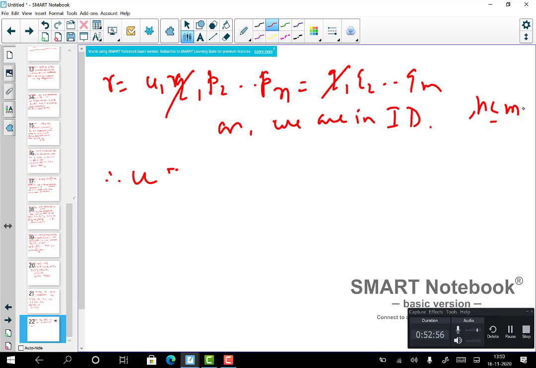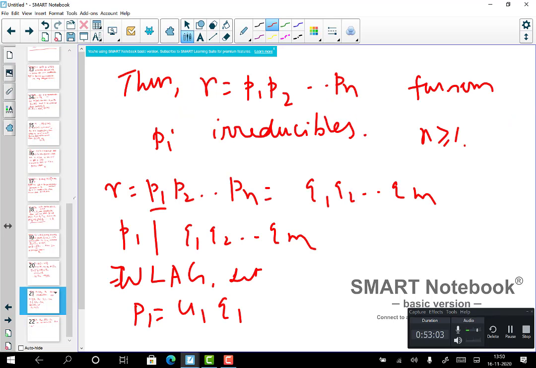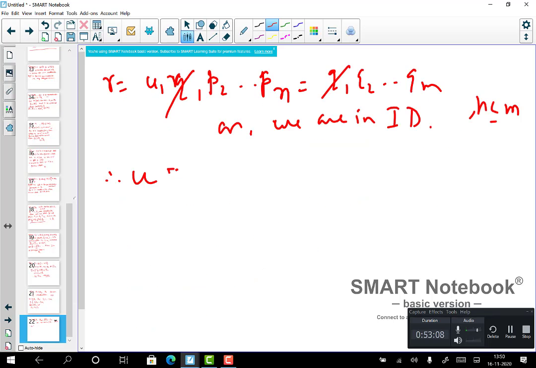You can write down q1 in terms of a unit times p1. It's always possible because units are invertible elements. You always have an inverse there, so you can multiply by the inverse. Okay, so you can find this p2 and then p3 and then pn, and that will be equal to q2 q3 up to qm, right?